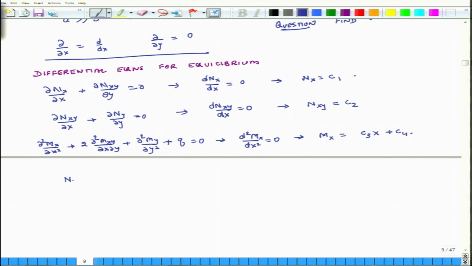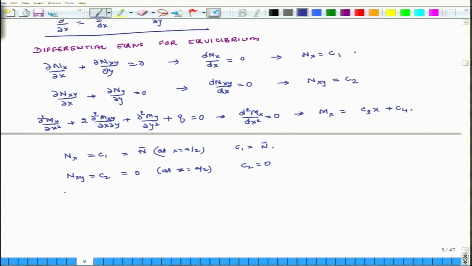It says Nx is equal to C1, and that is equal to N bar at x is equal to a over 2. So, C1 is equal to N bar. The next one is Nxy equals C2, but at x is equal to plus a over 2, its value is 0. So, C2 is equal to 0.